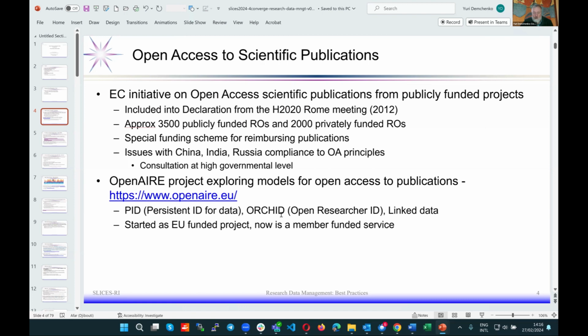And ORCID. I also believe that all of you already have an ORCID ID, Open Research ID, and this is linked to your publications, to your work, and it needs to be included in a European project proposal.